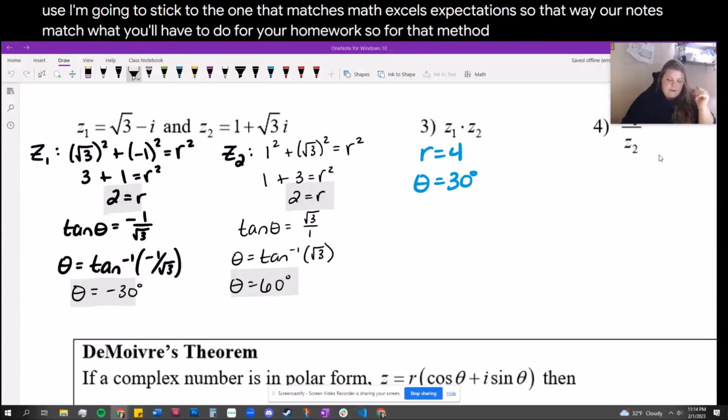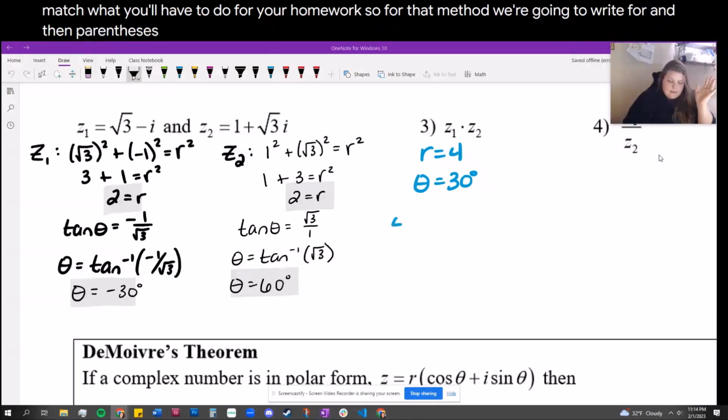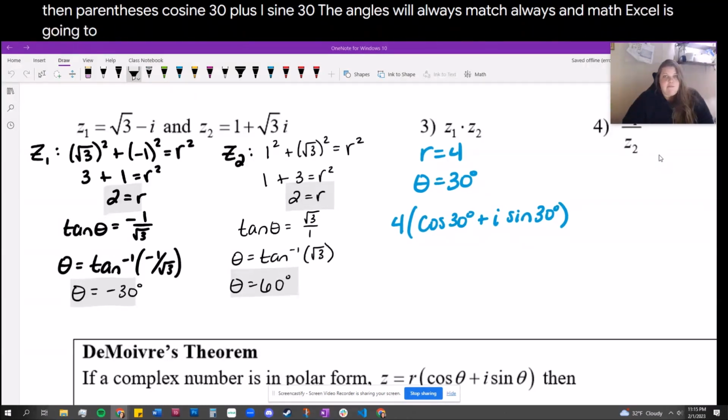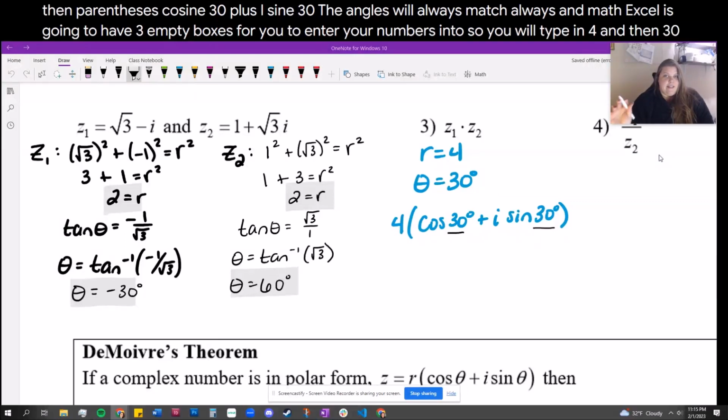So for that method, we're going to write 4, and then parentheses, cosine 30 plus i sine 30. The angles will always match, always. And MathXL is going to have 3 empty boxes for you to enter your numbers into. So you will type in 4, and then 30, and then 30.